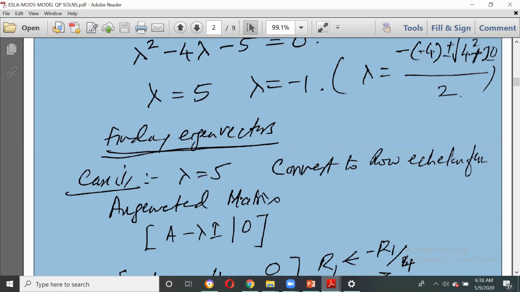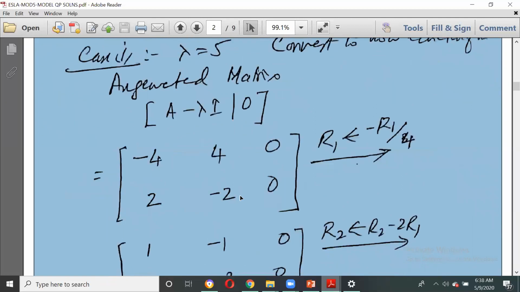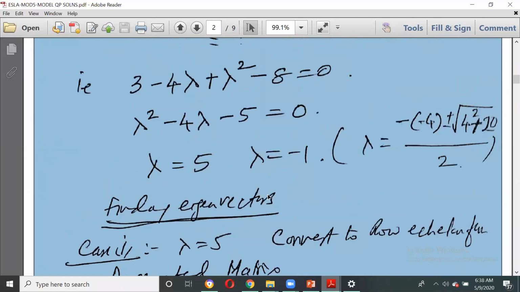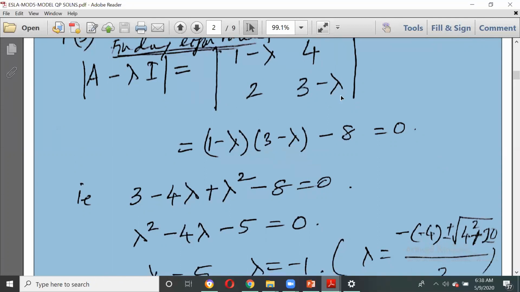We generally write the augmented matrix. Even if you write the matrix, it is sufficient. So you'll get here minus 4, 4, 2, minus 2. So you just need to write 5 in place of lambda. 1 minus 5 will be minus 4, 4, 2, 3 minus 5 will be minus 2.